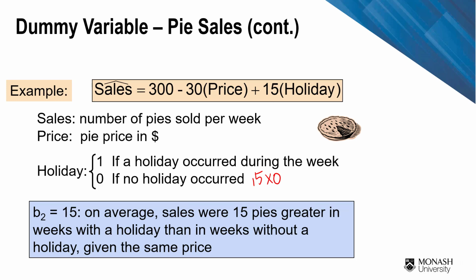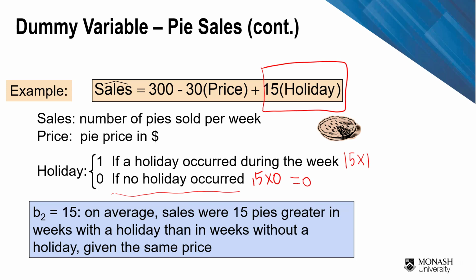Why? Because there is no holiday. So you only receive this score, all right? So 15 times 0 will be 0. So therefore, you don't get that score when there is no holiday. You only receive this score when there is a holiday occurred in that week. Okay? So this is 15 times 1.